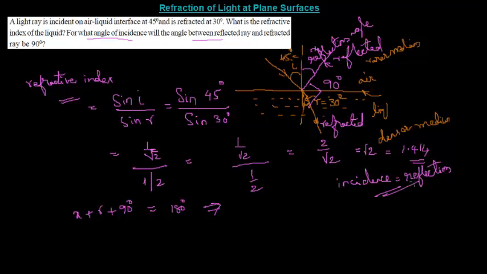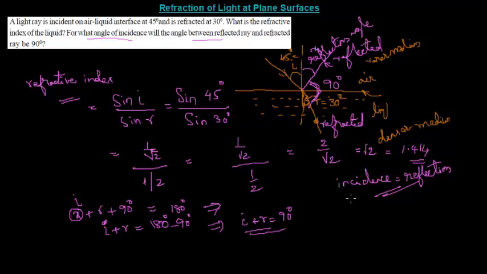So, instead of x, I can write I. I plus R is equal to 180 minus 90 degrees, which is equal to 90 degrees. If this condition satisfies, then you will get an angle of 90 degrees between reflected ray and refracted ray.